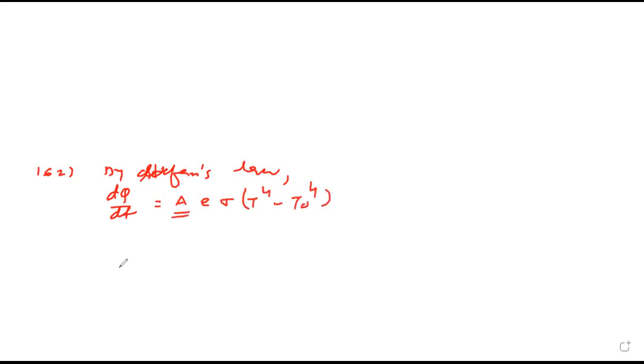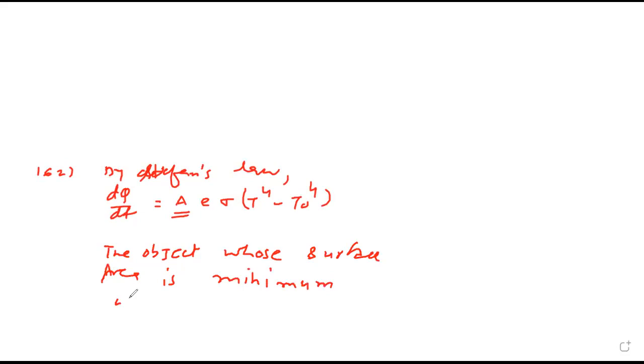Except area, the rest are all the same. So the object whose surface area is minimum will exchange minimum heat. I hope you followed this meaning. So one by one we'll go.